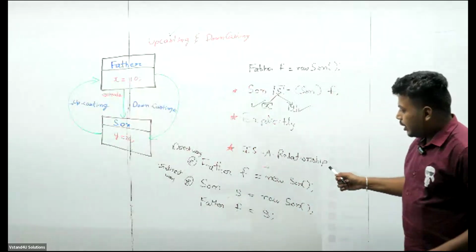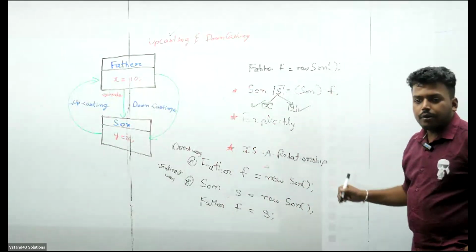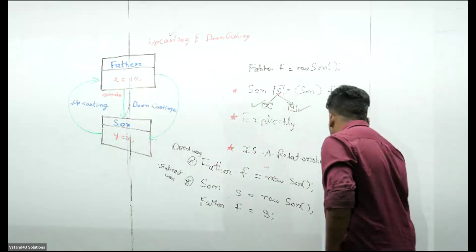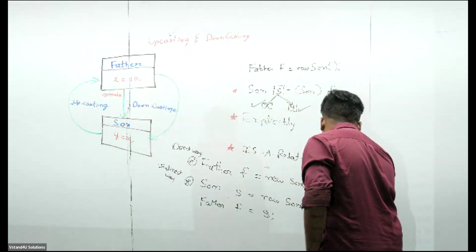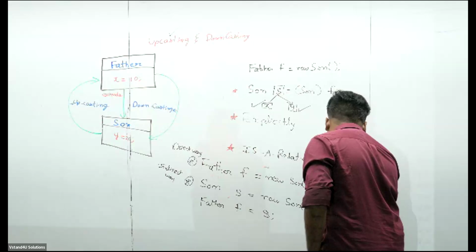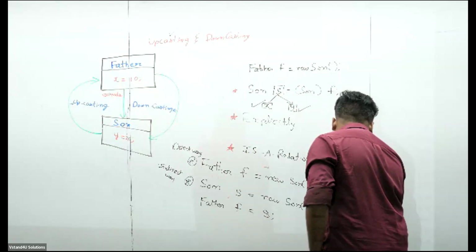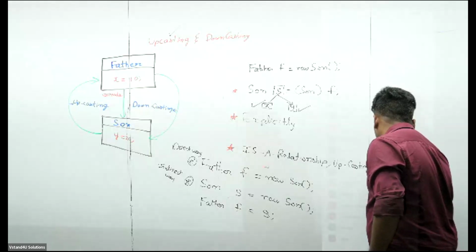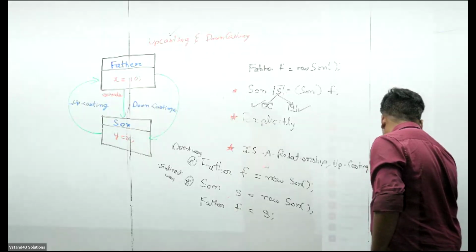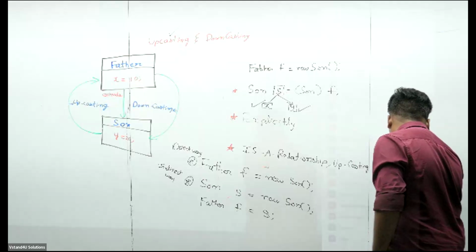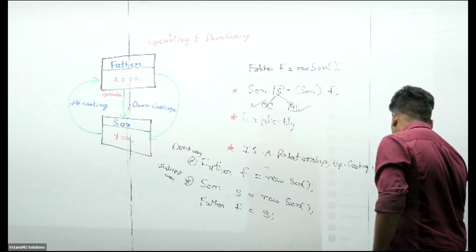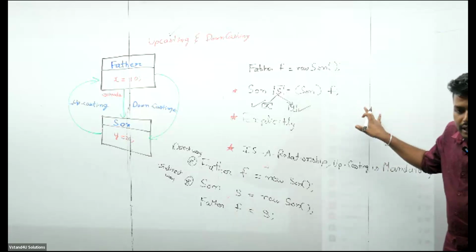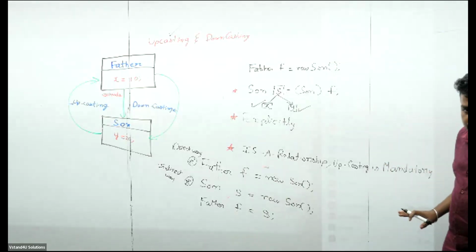For downcasting, the relationship is mandatory. For downcasting, upcasting is mandatory.